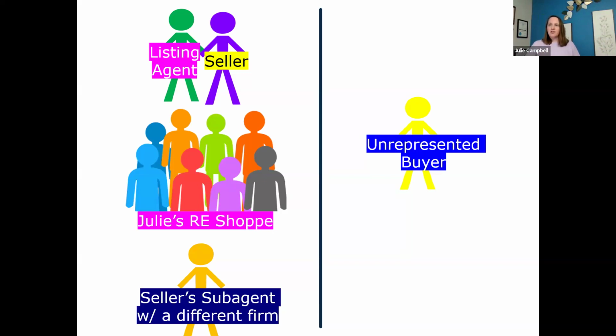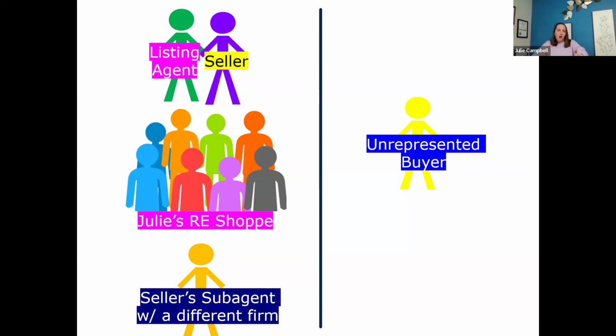So would the seller sub-agent with a different firm be sort of like a referral? No, you're involved. You're looking at this buyer. You're drawing up the offer, writing up the paperwork for them, getting them to sign it, and presenting their offer to the seller because that's what's in the best interest of the seller. If you refer it, you're saying, Linda, this is Bob. Bob, this is Linda. And then you're done.